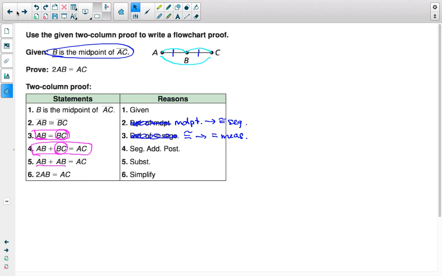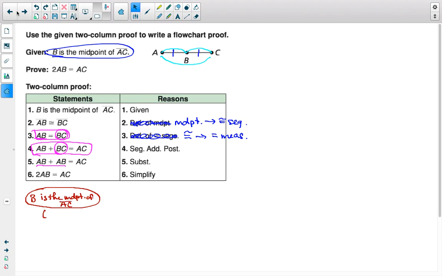Okay. Now that I'm feeling pretty good that I understand what the proof says, I can write it as a flowchart proof. For my flowchart proof, I'm going to start with my first statement: B is the midpoint of AC.